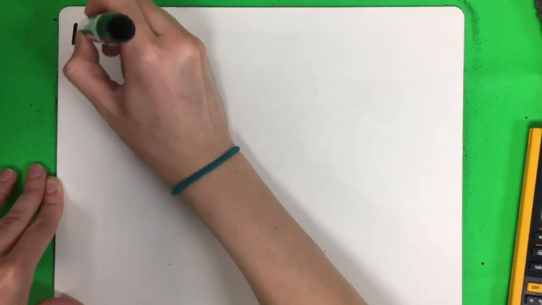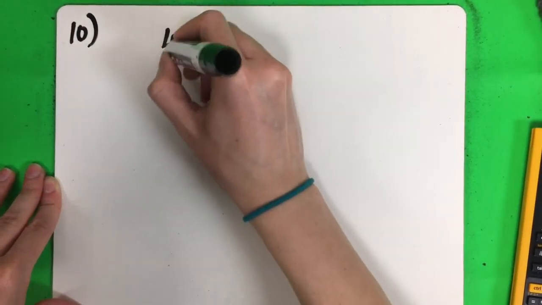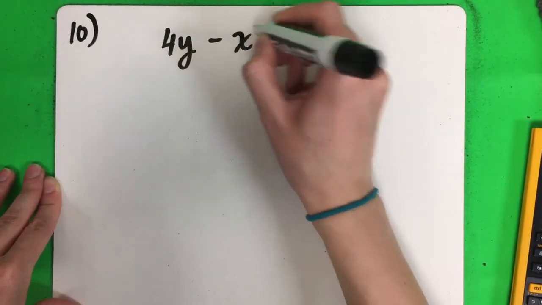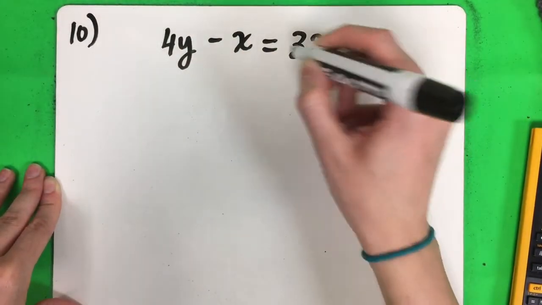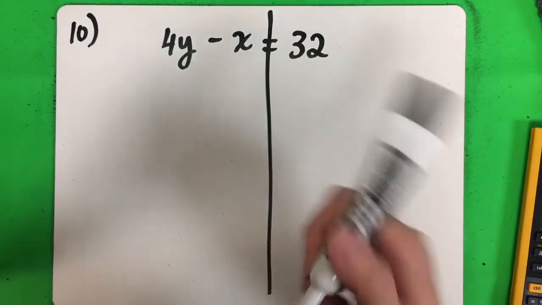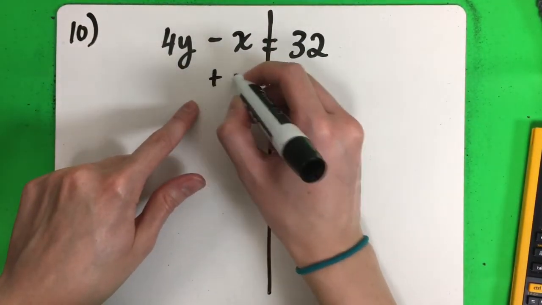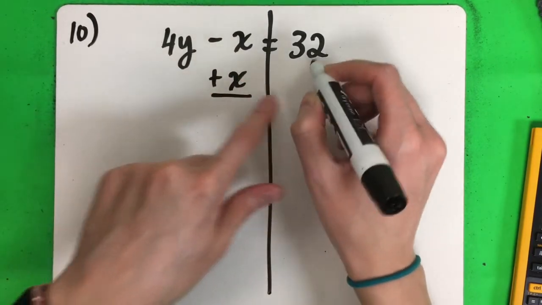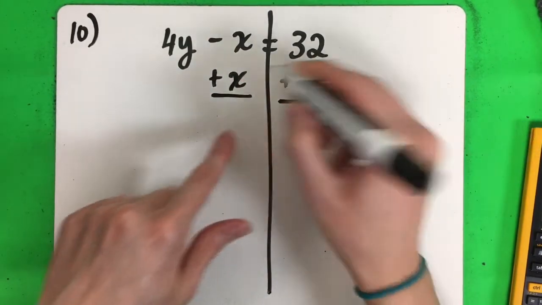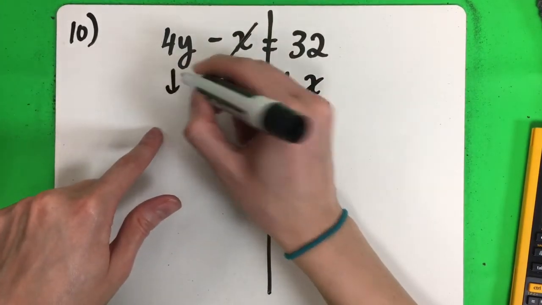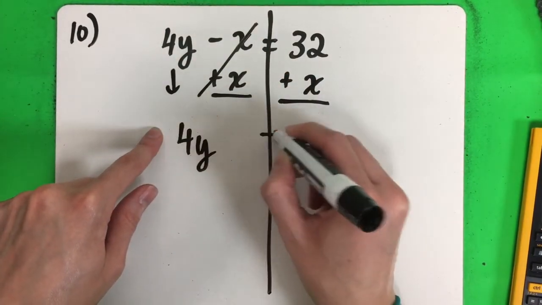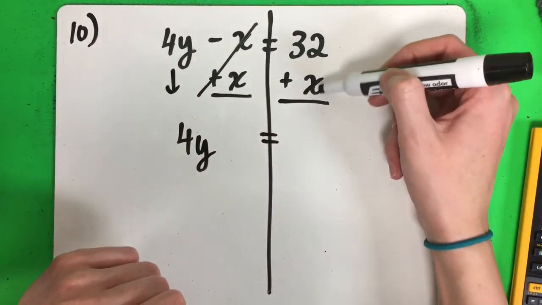Number 10. I have 4y minus x equals 32. Draw my line. Gonna move the x because I want y alone. So this is minus x, the opposite is positive x. So plus x, here, plus x. This cancels, copy down. 4y equals, here these are not like terms.